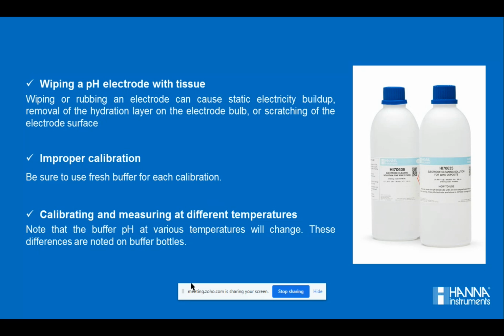Then you have to make sure either you use a pH meter with an ATC feature in it, or you use all the pH buffers at similar temperatures, in consideration with your meter.